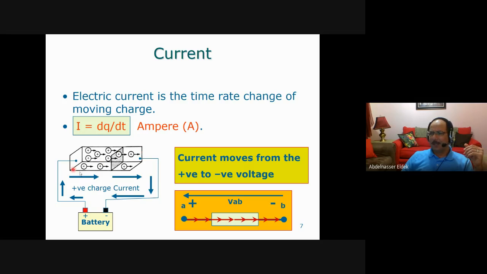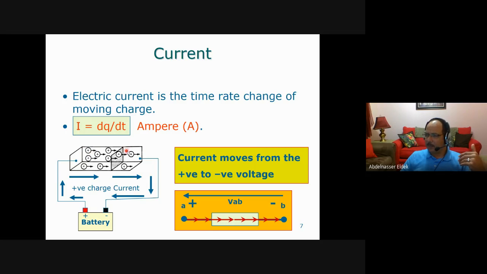And here, imagine that you have an element like this, and it is connected to a battery. This is high voltage. This is low voltage. So this is positive, this is negative. What happened here is that this positive will make this terminal positive. So if you have a positive here, there will be a repulsion force between the positive voltage here and the positive charges here, which makes these charges move from left to right to the negative terminal.